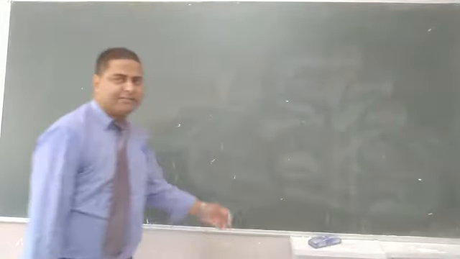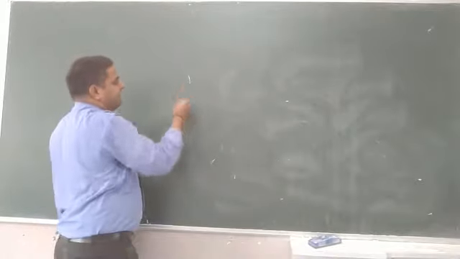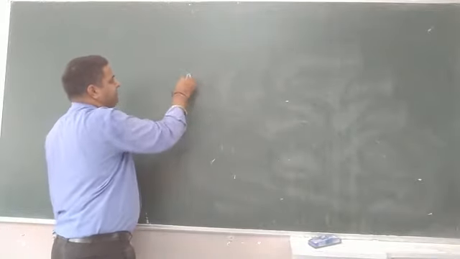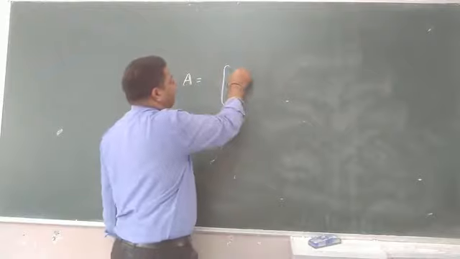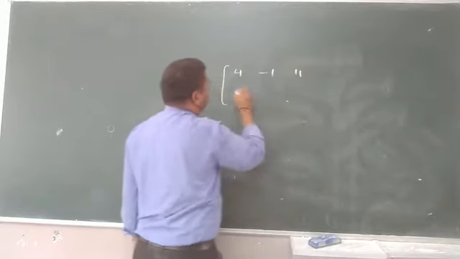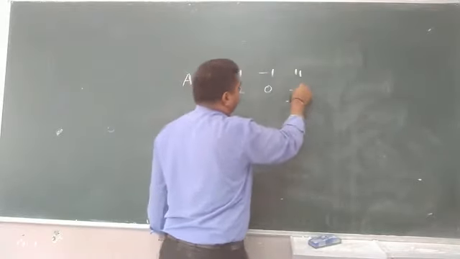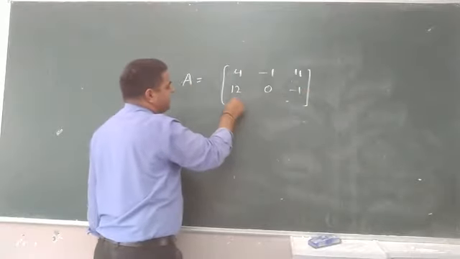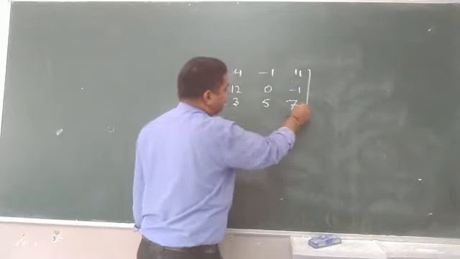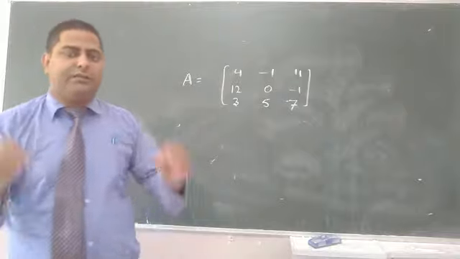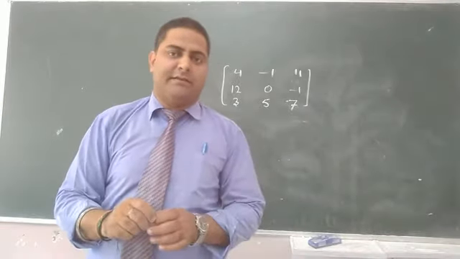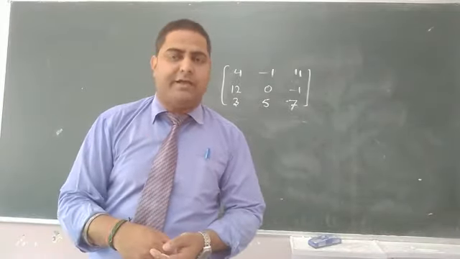Now, let us take a very simple case. A is a matrix given whose members are 4, minus 1, 11, 12, 0, minus 1, and let us take 3, 5 and 7. One thing to keep in mind, the members of the matrix are not separated by commas.